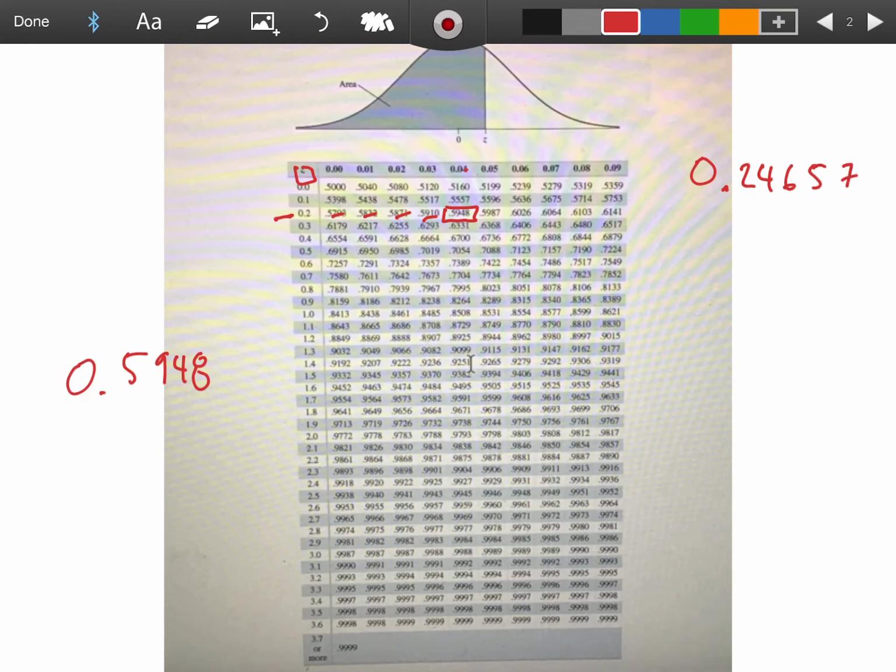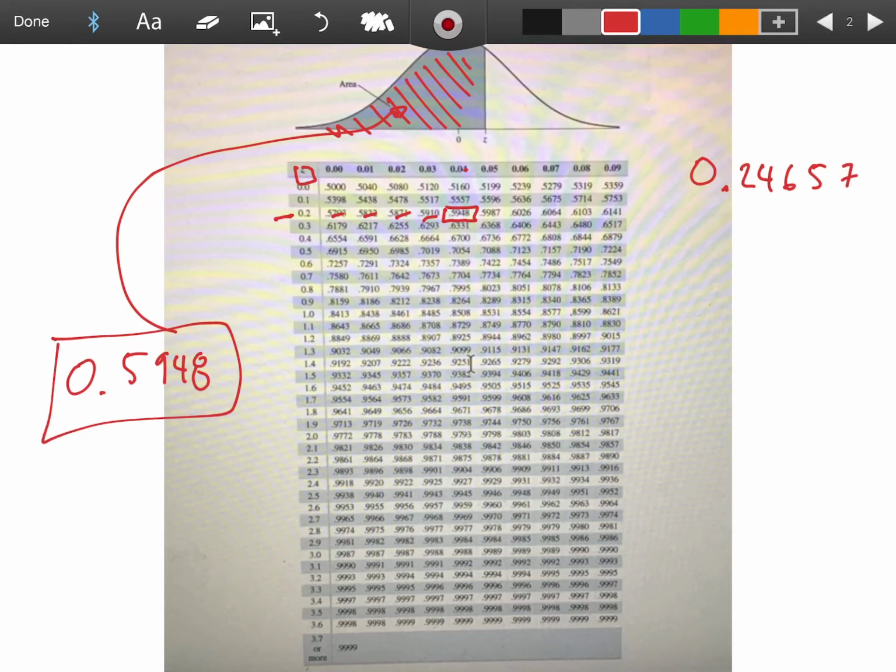If I go back to my distribution, it's telling me that all the area to the left of the line is 0.5984, or 59.84% of the distribution is to the left of that z-score, okay?